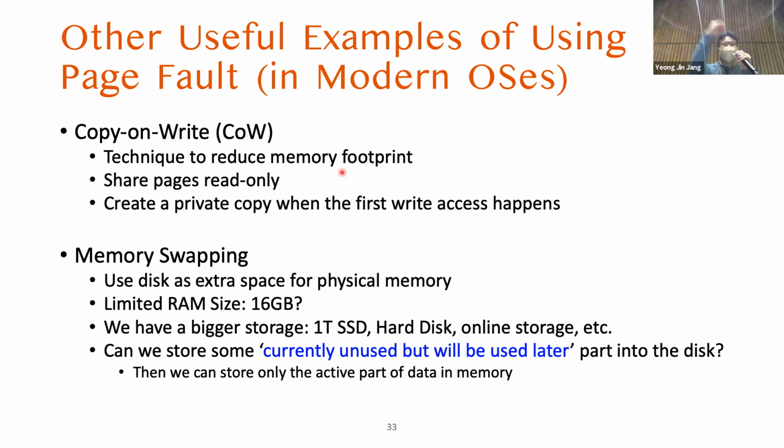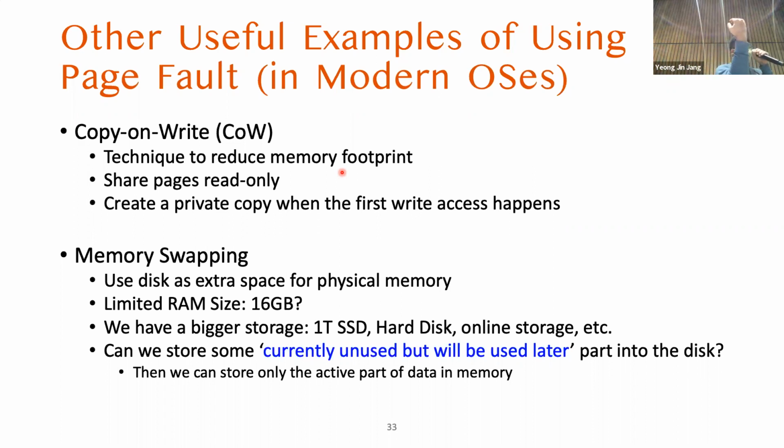Suppose you are running the Google Chrome web browser, and whenever you open a tab, it will create a new process. The binary size, the program size of Google Chrome is around 80 megabytes or something. Suppose you are creating a new tab.